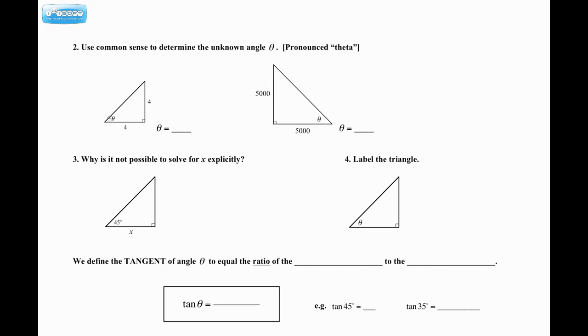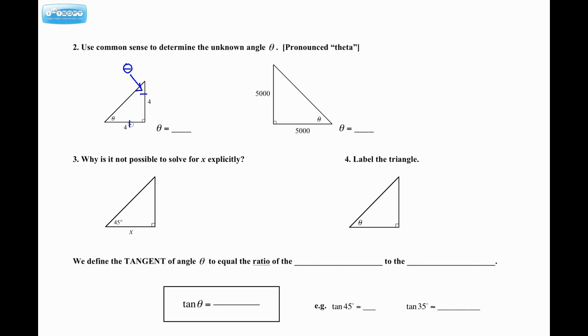I want to determine what this angle has to be. Because this is 4 and this is 4, of course those are the same, that tells me I have an isosceles triangle. Therefore, if this is theta, that must also be theta. They have to be the same.